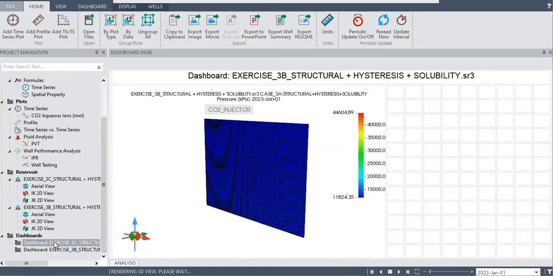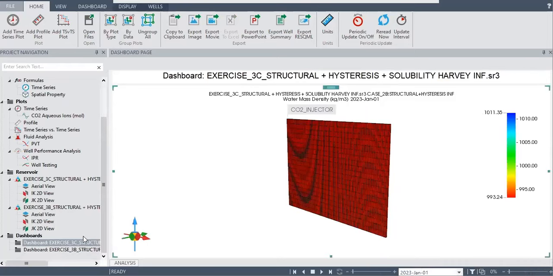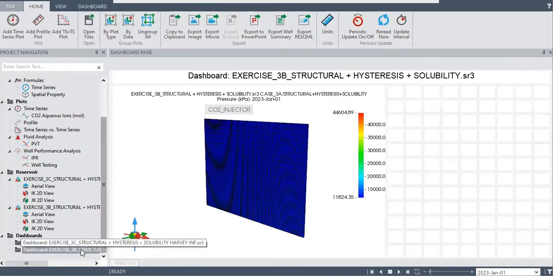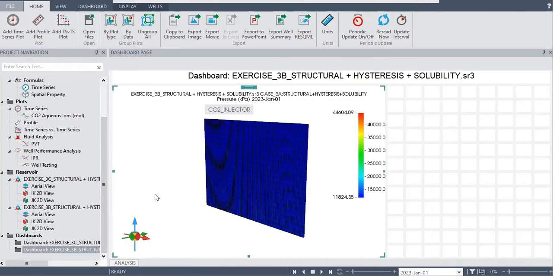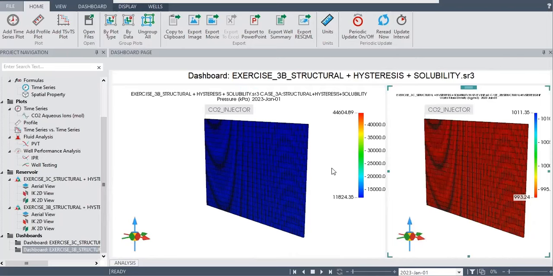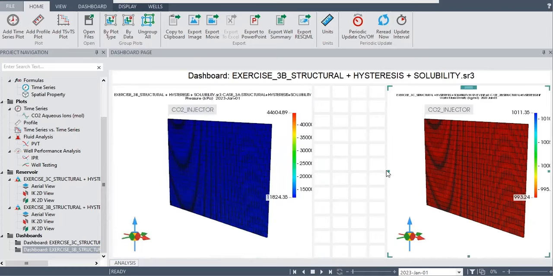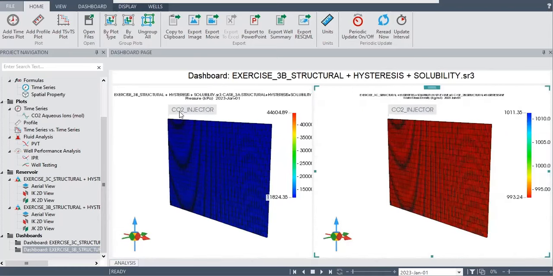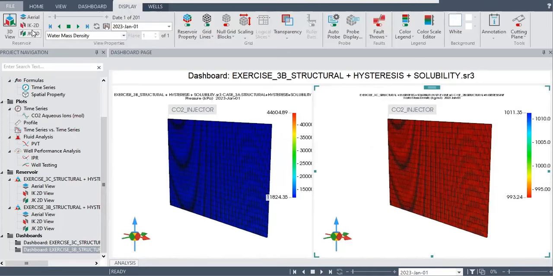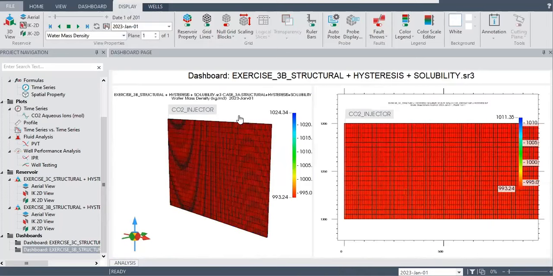Or maybe I can drag the 3C onto this 3B instead. All right, so it becomes better. But of course, I prefer looking at the 2D view, the IK 2D view, for both of them.